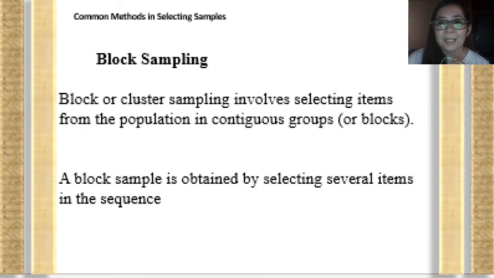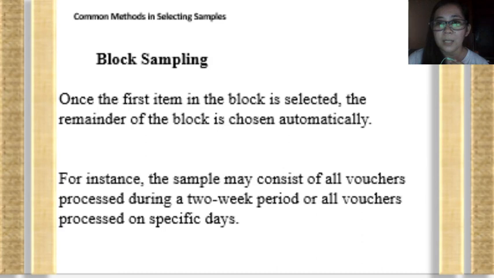And the last type is block sampling. Block or cluster sampling involves selecting items from the population in contiguous groups or blocks. A block sample is obtained by selecting several items in sequence. How to do this?